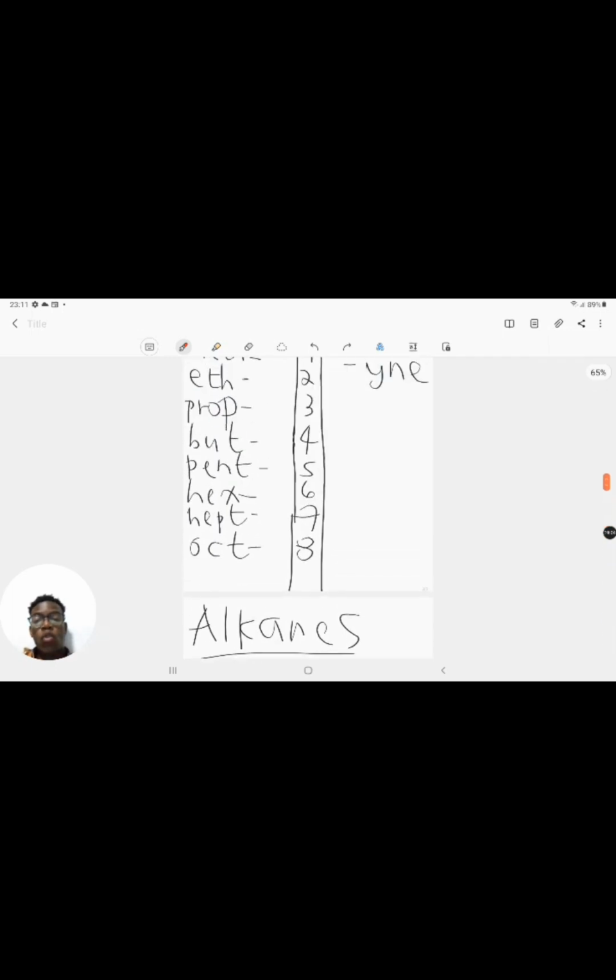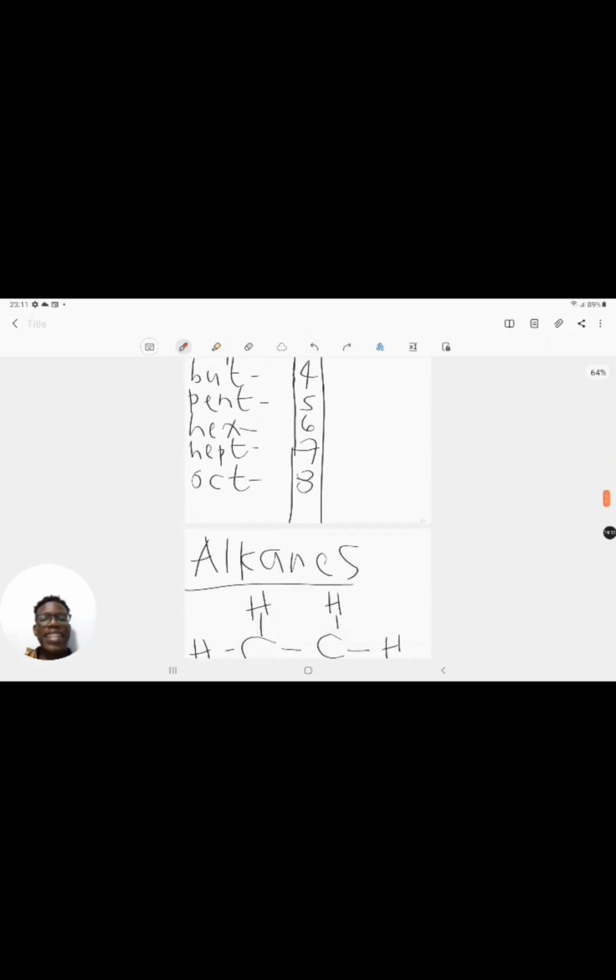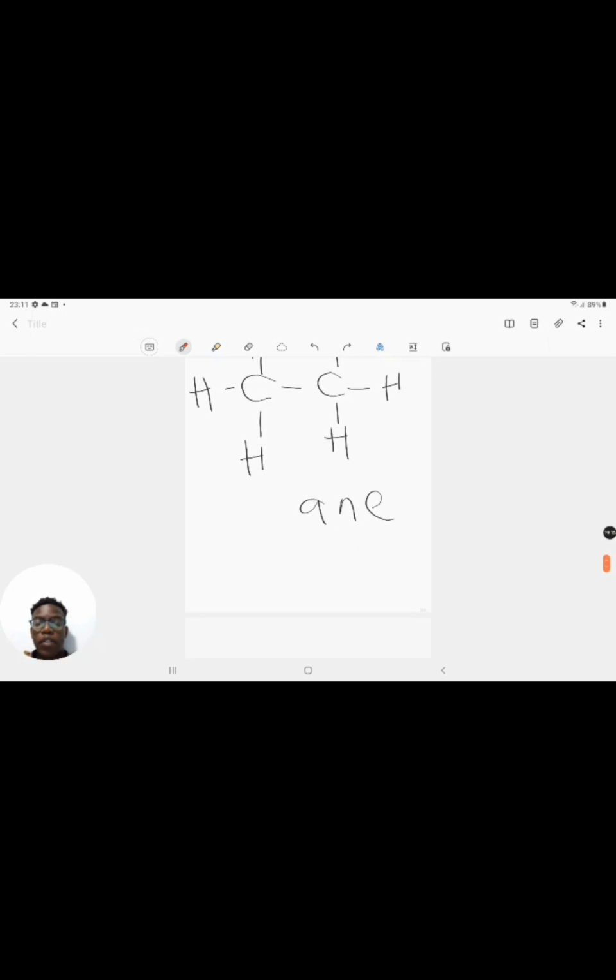Here's my two, and my two is related to the eth there. So the first name of this compound is eth. I'm just going to write eth here, E-T-H, because that's the prefix on the left hand side of the column. And therefore, the full name of this compound is ethane.